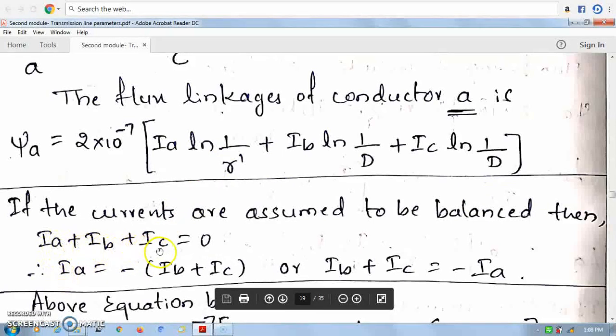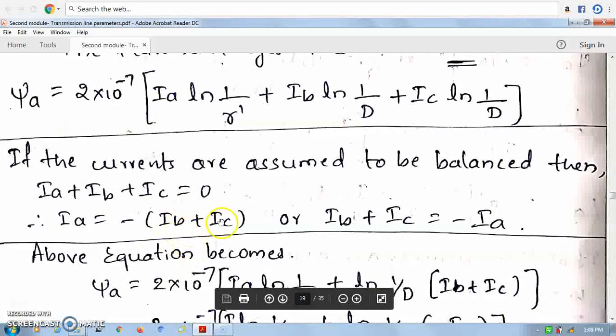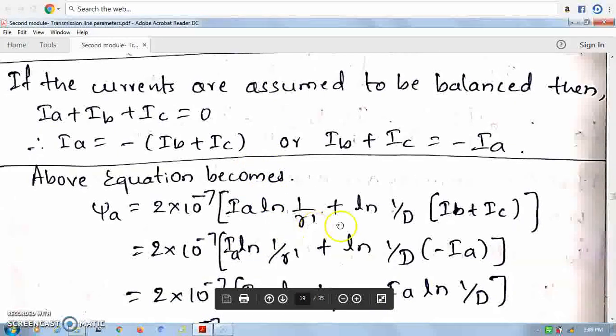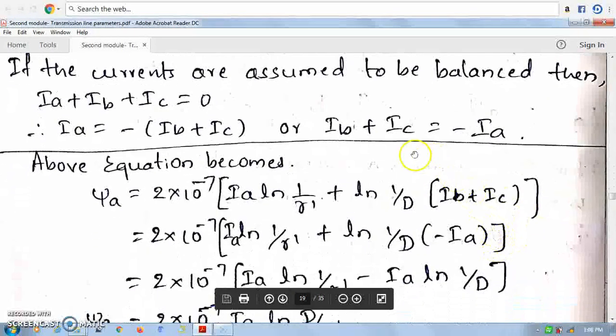Then the currents are assumed to be balanced in all three conductors, that is IA plus IB plus IC is equal to 0, therefore IB plus IC is equal to minus IA.